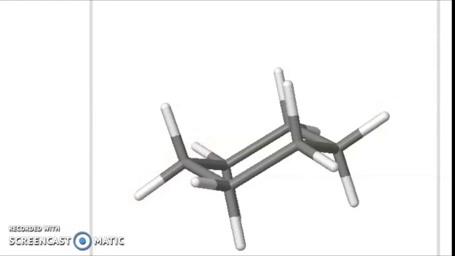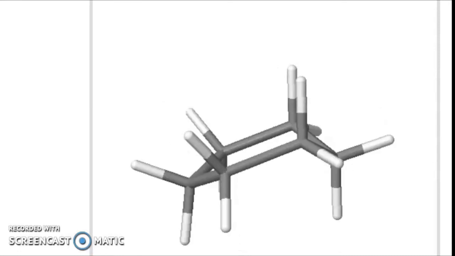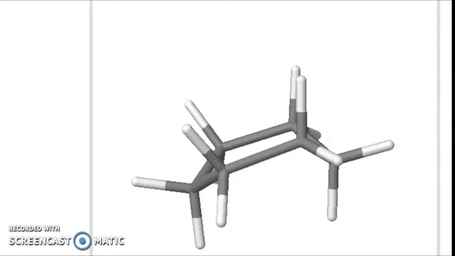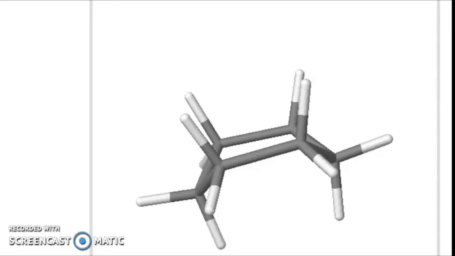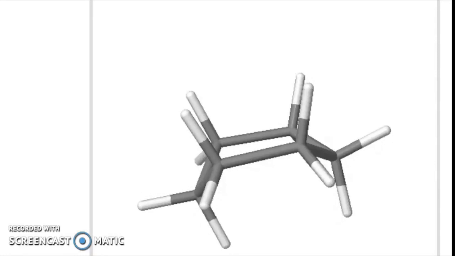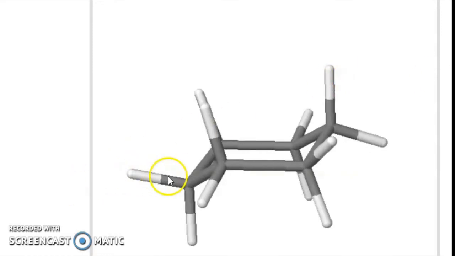Now when ring flipping happens, concentrate on the axial CH bond on carbon 1. It has taken the equatorial position. I'm sorry, if it was colored it would have been easier to understand, but I hope this is clear to you.